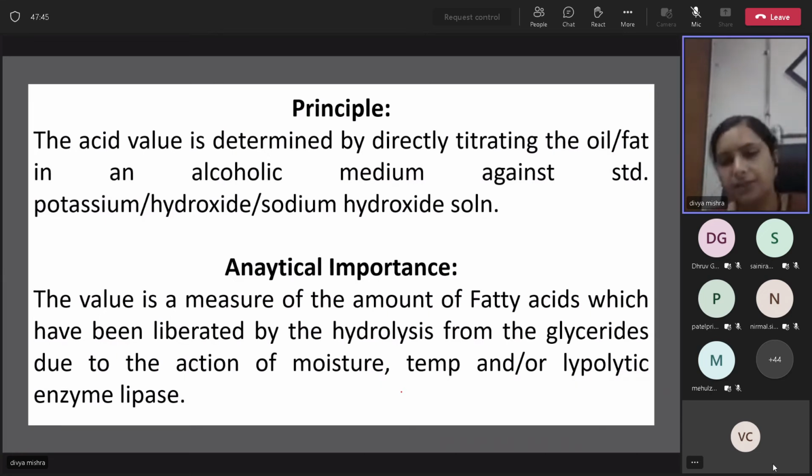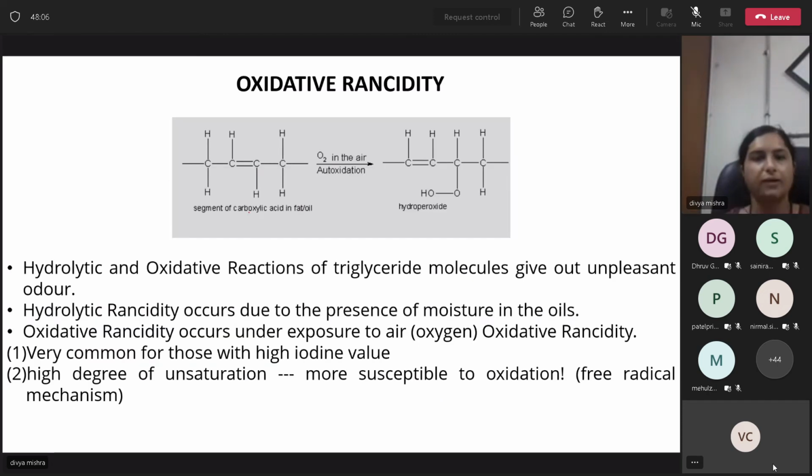This is the reason. Then there may be microbial growth, which may cause the presence of the lipolytic enzyme lipase. That will also degrade your glyceride to free fatty acid. So this is the carboxylic acid in fat or oil.